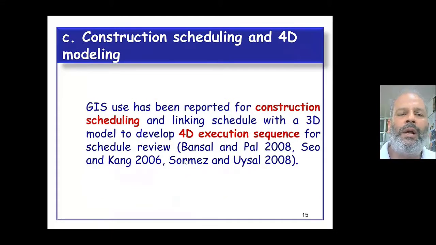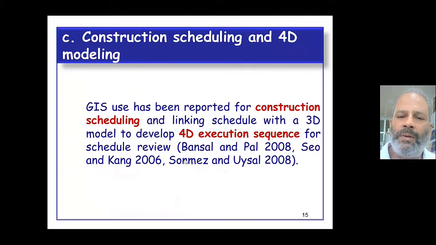This is the third application area of GIS, which is widely accepted, that is construction scheduling and 4D modeling. So GIS has been explored for scheduling. Even let's say the schedule we prepare in Primavera or Microsoft Project can also be imported into GIS, and that schedule can be linked with the 3D components.